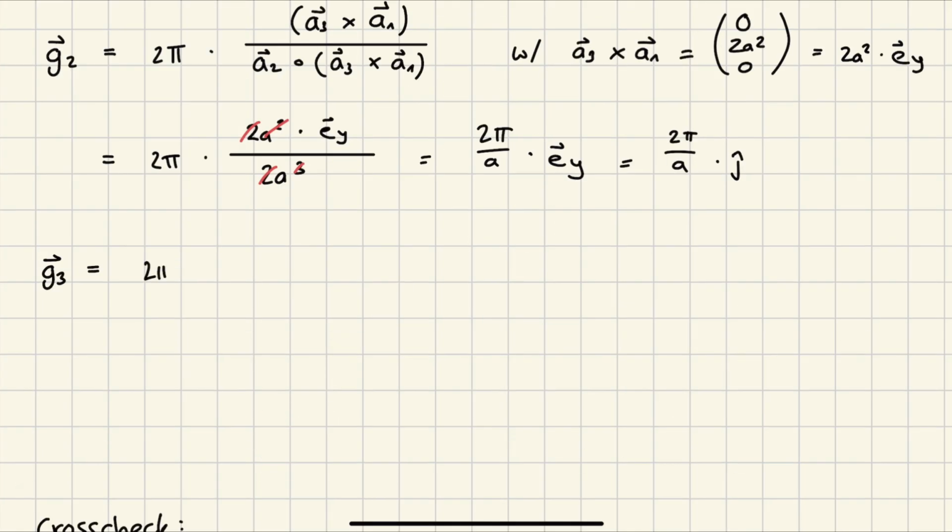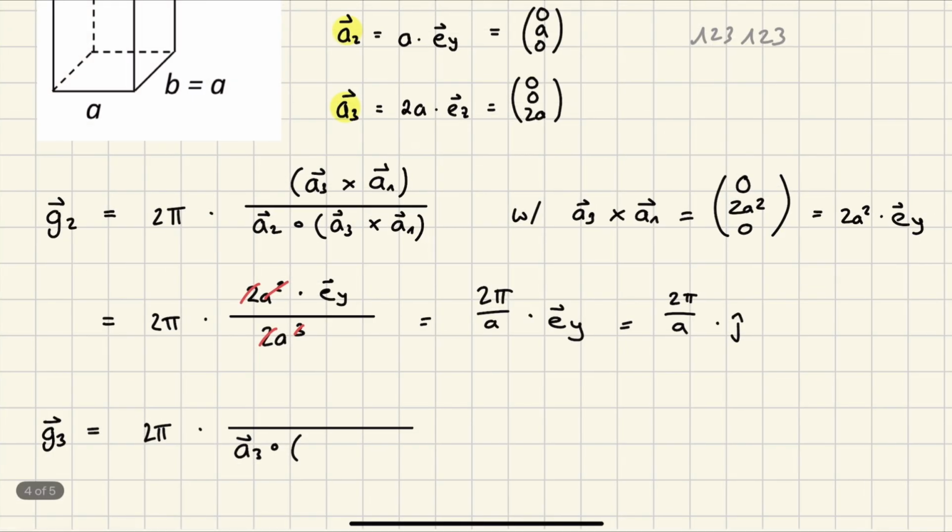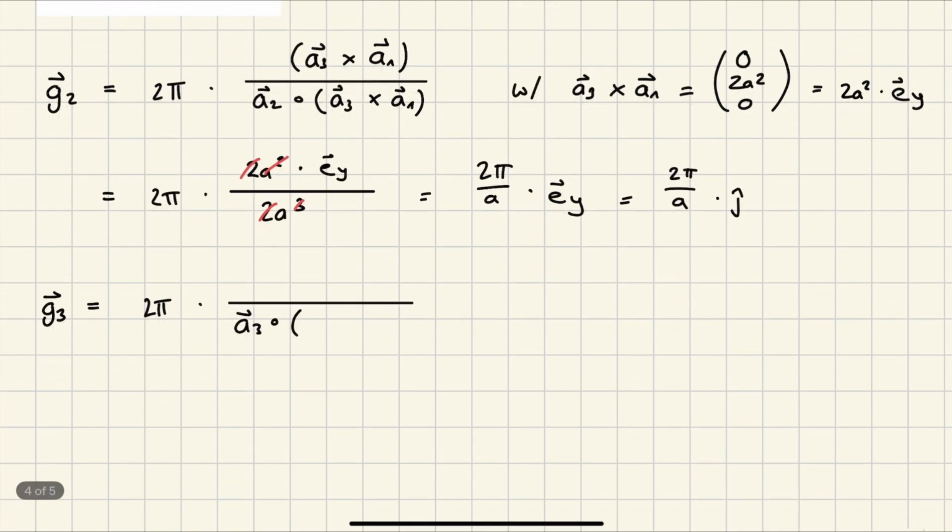For g3, we're going to need the second cyclic permutation of our formula. So we're going to start with a3 in our repeating sequence of indices. 3 is followed by 1, and 1 is followed by 2, since we're in ascending order, so a1 crossed with a2. The cross product in the numerator is going to be the same again.